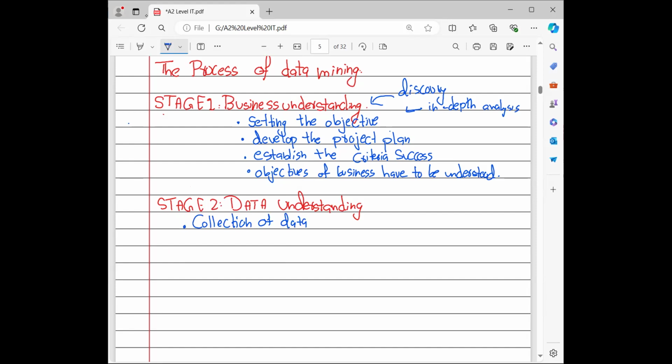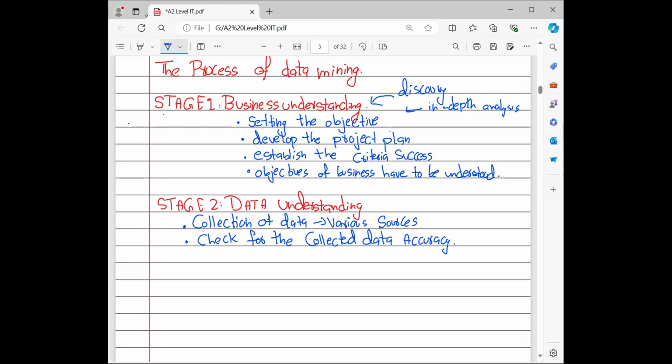And in stage two, it involves a collection of data from various sources, and just after that data is collected, you need to check for the collected data accuracy and integrity, like is it reliable or not, is it providing you something that you can trust or not.